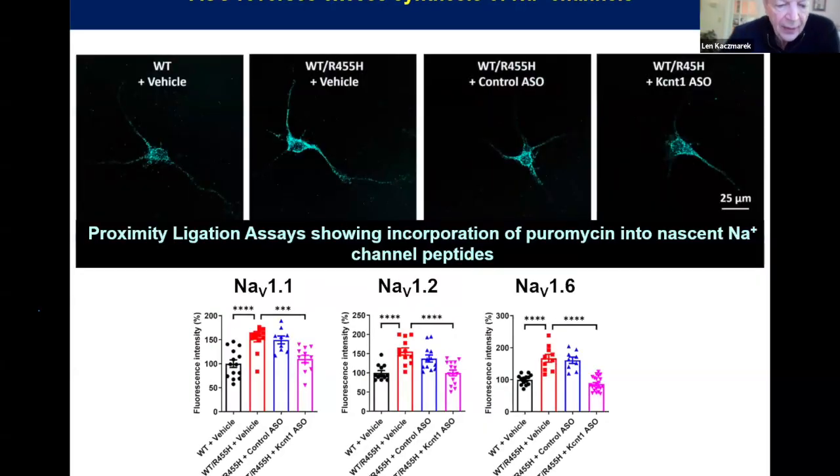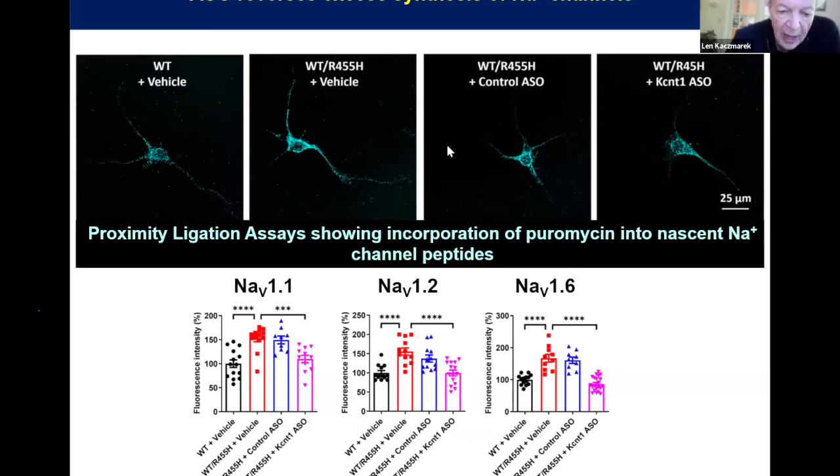We've also looked at the synthesis of the sodium channels using a proximity ligation assay with puromycin, which is incorporated into nascent polypeptide chains, and these three different sodium channels. What we find is that the R458 mutant is stimulating the synthesis of these sodium channels at a much higher rate than the wild type channel in each case.